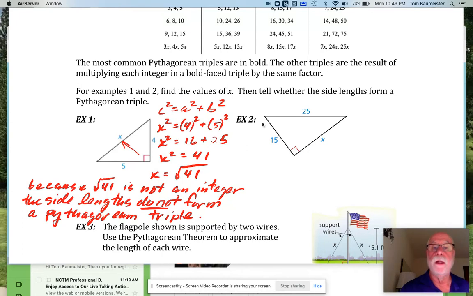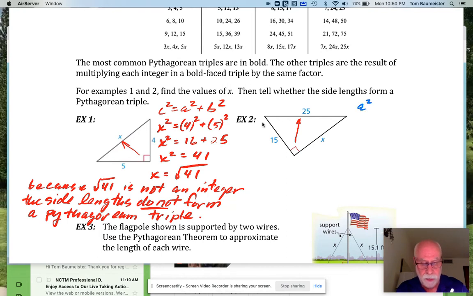All right, so now let's try it for the second one here, and I'm going to change colors here. Well, first of all, let me see. So this one right here, again, there's our hypotenuse. So I'm going to change colors here just because I'm going to use that red here later on. So in this case here, again, our hypotenuse is c squared, but one of our x's is going to be a or b.